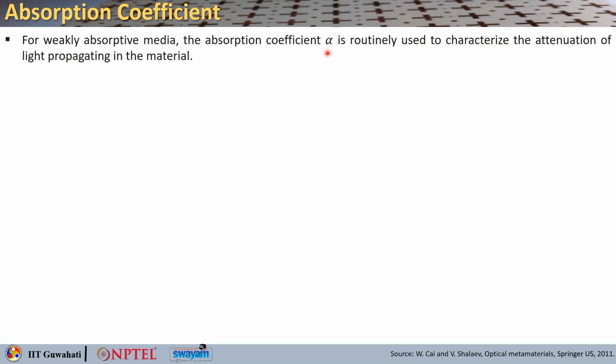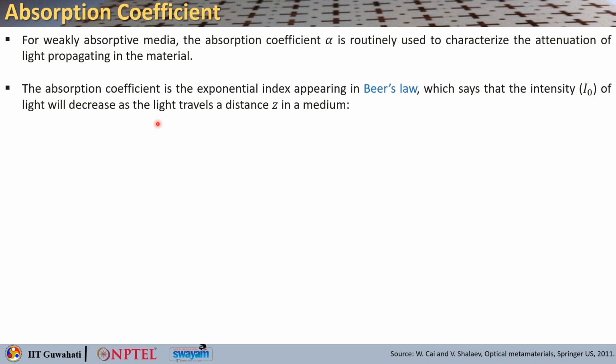So, now let us look into the absorption coefficient. For weakly absorptive media, the absorption coefficient, alpha, is regularly used to characterize the attenuation of light when it is propagating through the material. The absorption coefficient is the exponential index that appears in Beer's law or Beer-Lambert's law, which says that the intensity of the light will decrease exponentially as the light travels through a medium.